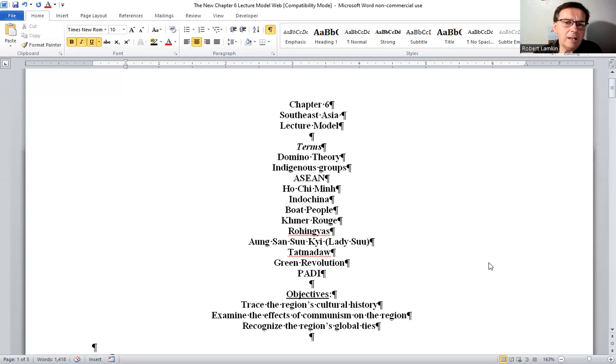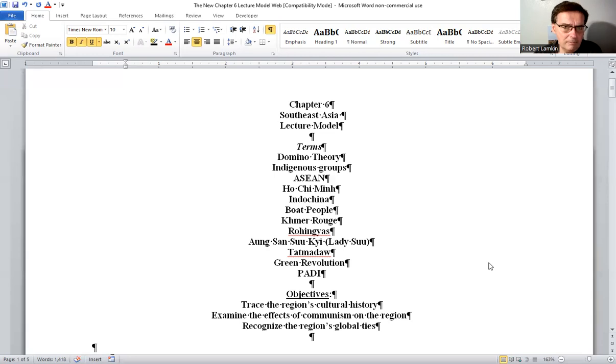The Rohingyas. This is a Muslim minority in Myanmar. We'll talk about them at some length. Aung San Suu Kyi, otherwise known as Lady Sue, becomes the first and only female prime minister of Myanmar.